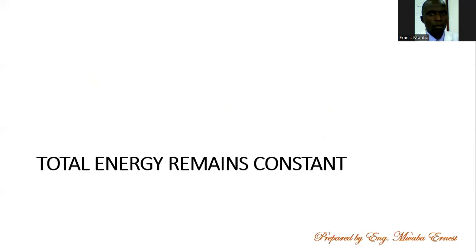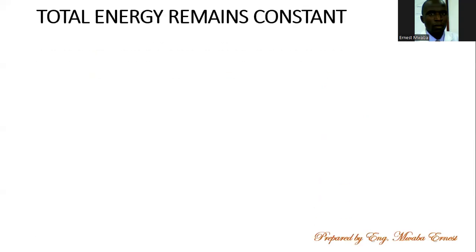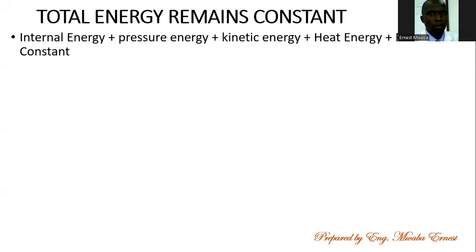So here, one thing you'll notice is that when you are considering the steady flow energy equation, the principle is that the total energy remains constant. Now, the various forms of energy involved. Of course, when we say flow, for movement to take place, we expect kinetic energy to be involved. But aside from that, we also have other things that are important.